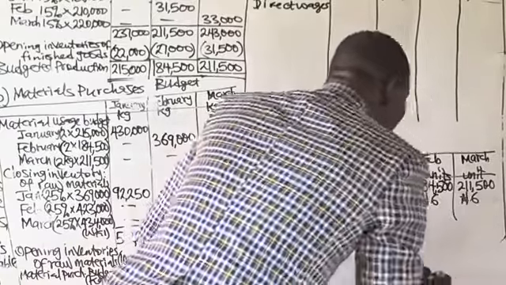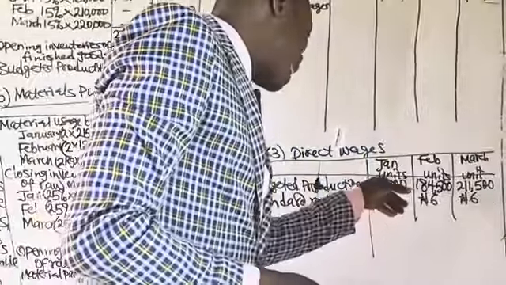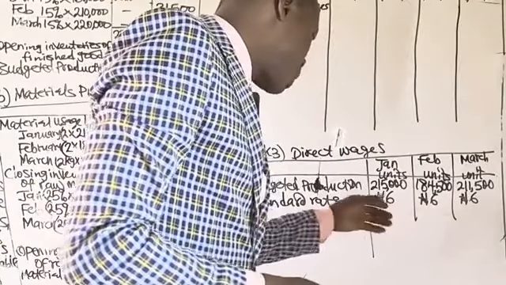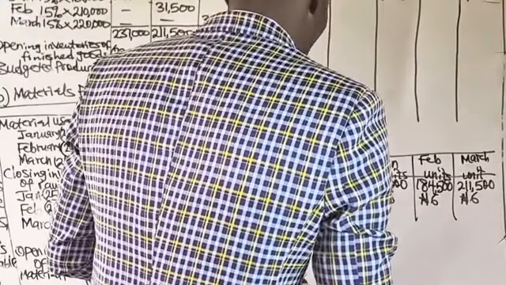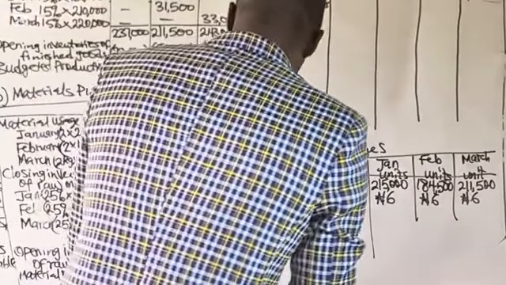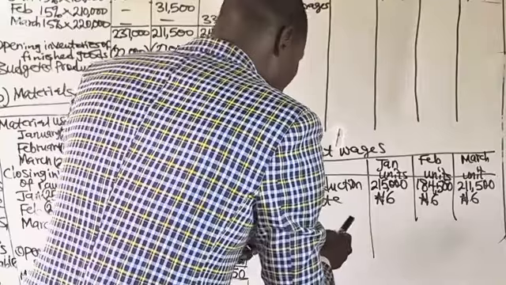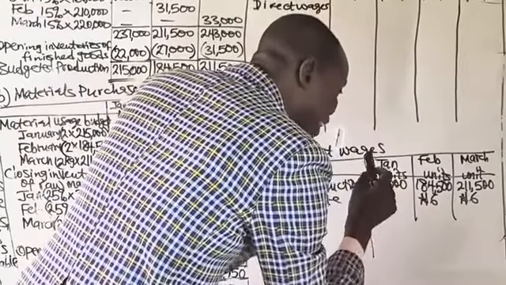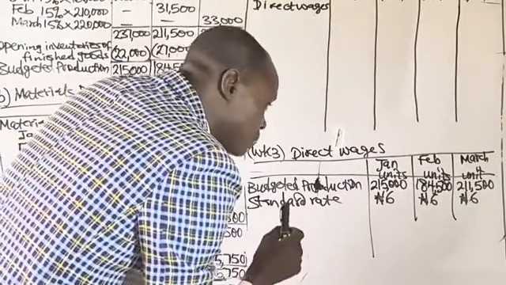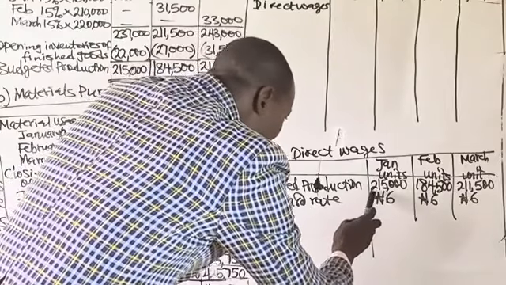I've told you that you can multiply the budgeted production by the standard rate of 6 naira per unit to get the direct wages incurred in each of the months. Or, if you don't want to do it that way, you may also multiply the budgeted production by the standard hour per unit. And the standard hour per unit is half of an hour.